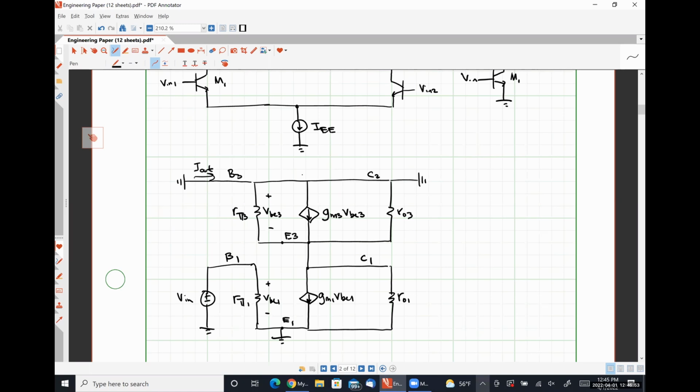They're at the same potential. So what it looks like then is R pi 3 in parallel with R naught 3 in parallel with 1 over GM 3. Are we okay with that? Yeah. Okay.